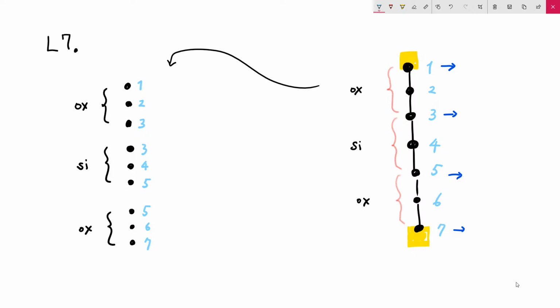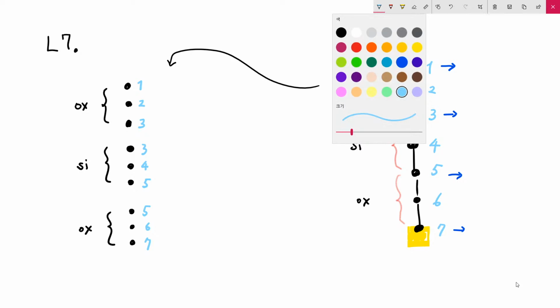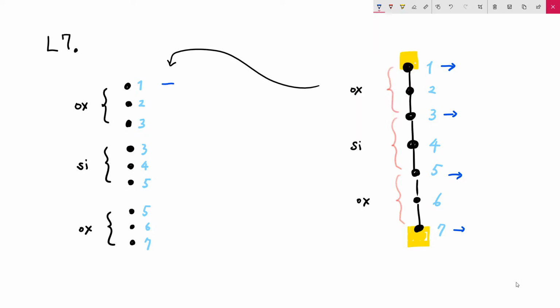So what we have to do is the potential at vertex number 1 and oxide, and vertex number 2 oxide. And please concentrate now. Here we introduce oxide region and vertex 3.